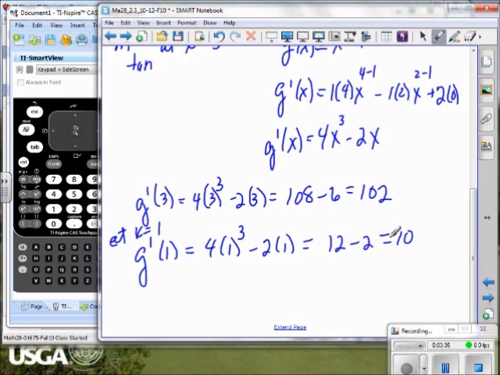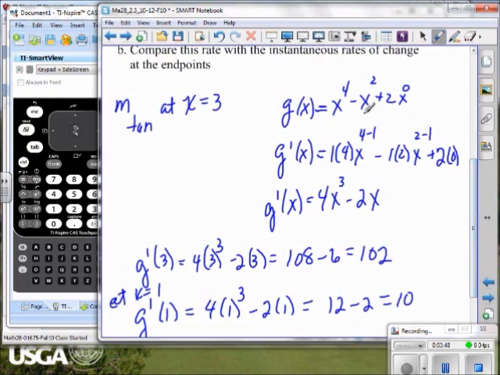Looks like 10? Okay. So now, would it just be 2? Hold it. Let me see here. The derivative of x to the 4th is 4x cubed. The derivative of x squared is 2x.